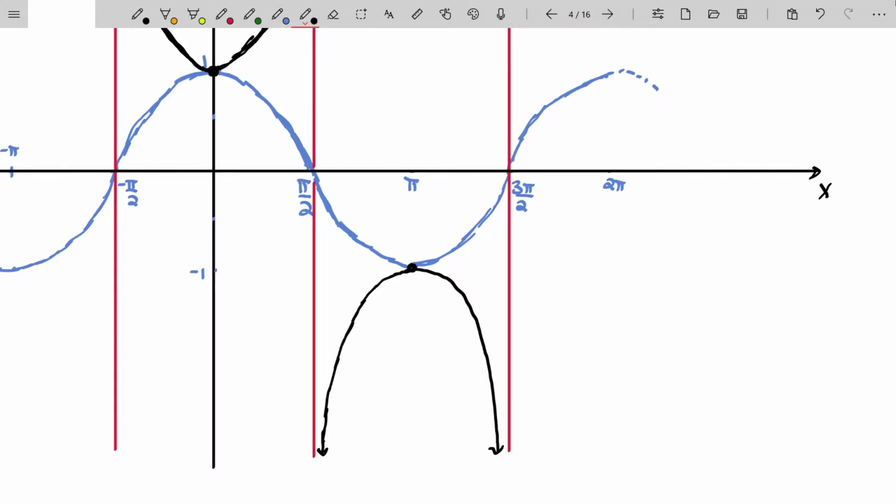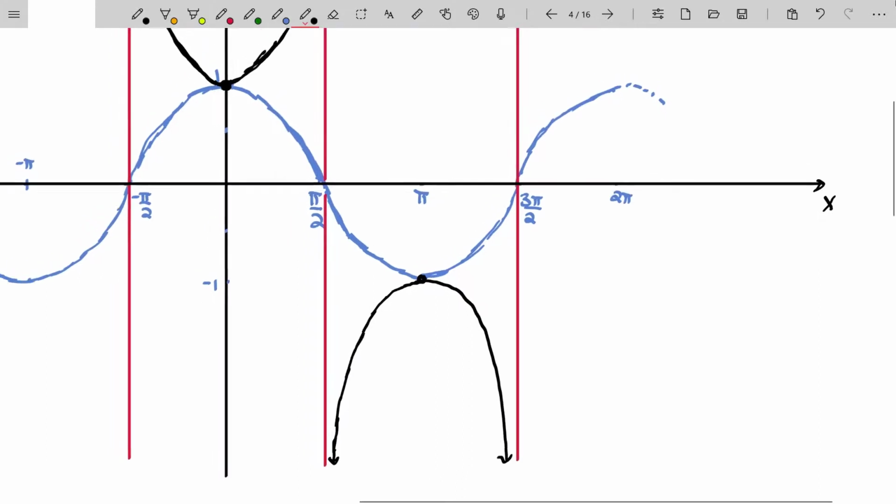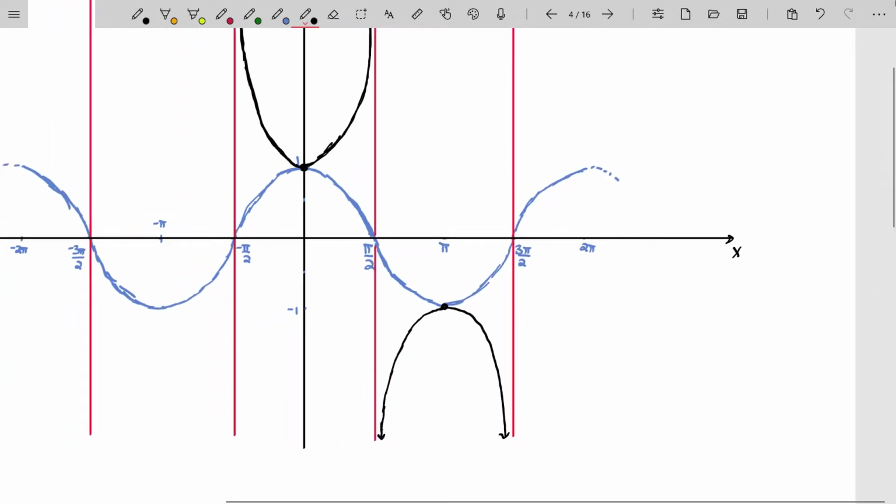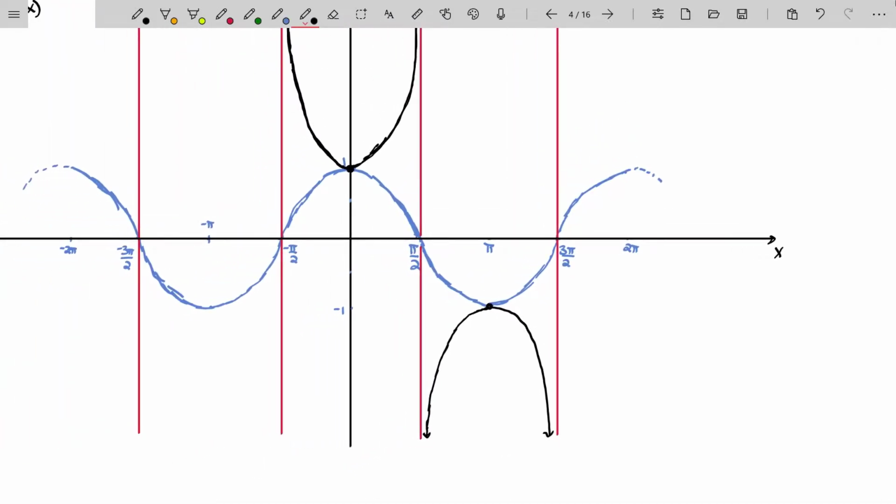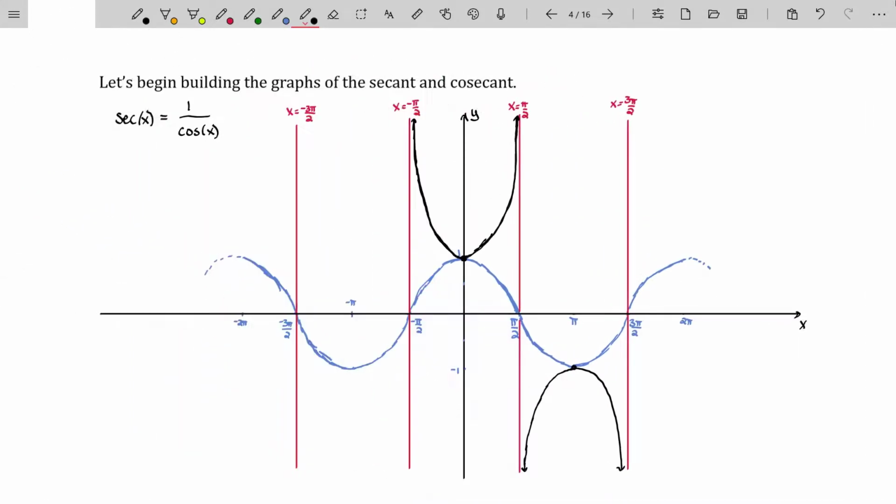One thing I should note here is that the secant, we mentioned it in a previous video, but the range of the secant is going to be negative infinity. In fact, I'll write this here. The range of secant and cosecant are negative infinity to negative 1, including negative 1, and then 1 to infinity, including 1.